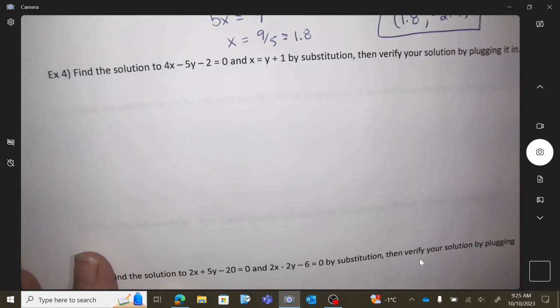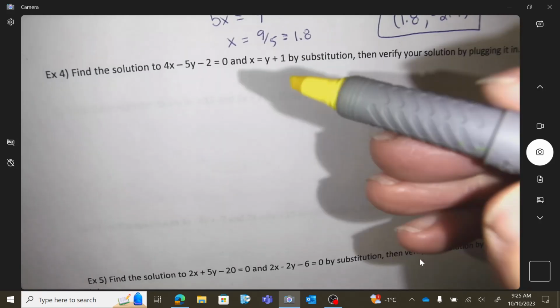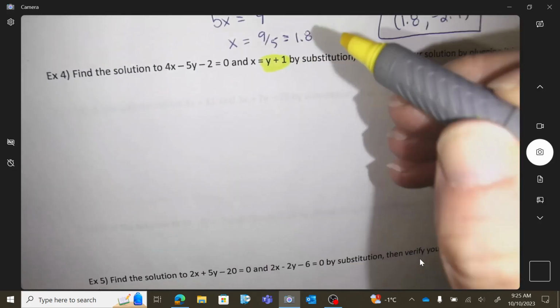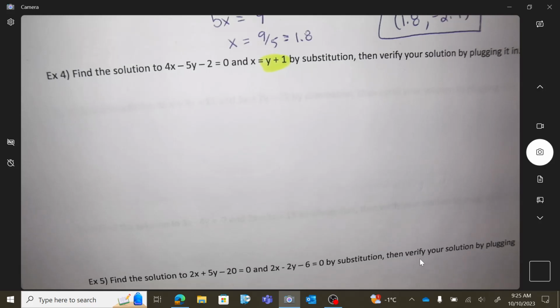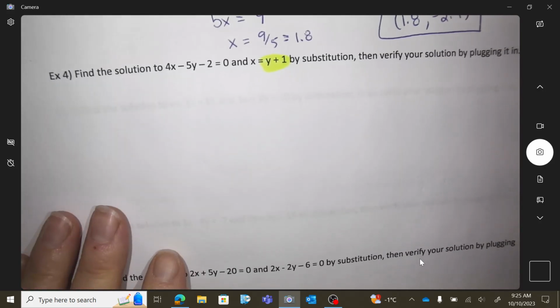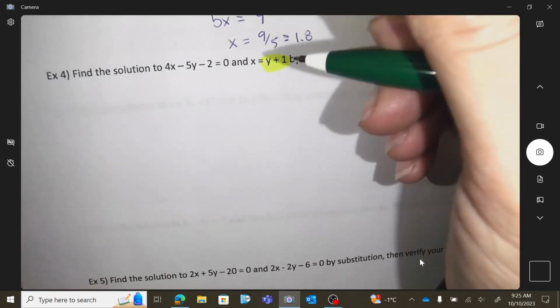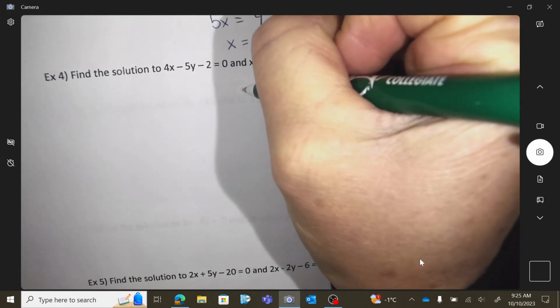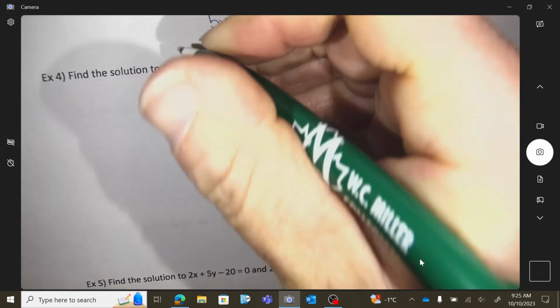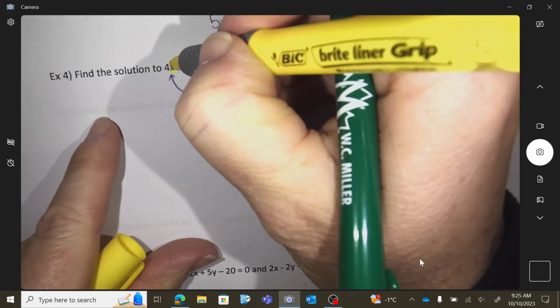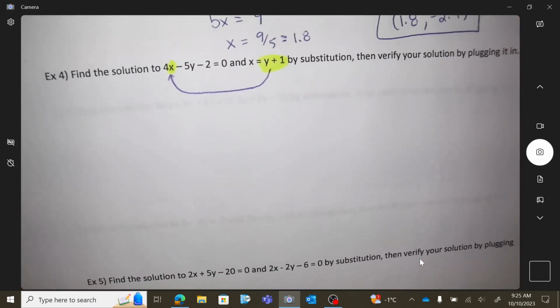Okay, number 4, we now actually have x equal to something. So this time I'm going to use that. x is equal to this. So what am I going to do? I'm going to replace the x with that expression. This is the same idea as we just did, except I've changed the isolated letter.